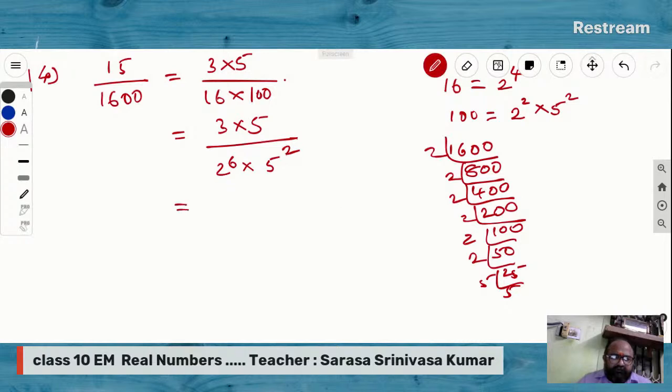So this can be written as 3 by 2 power 6 multiplied by 5.